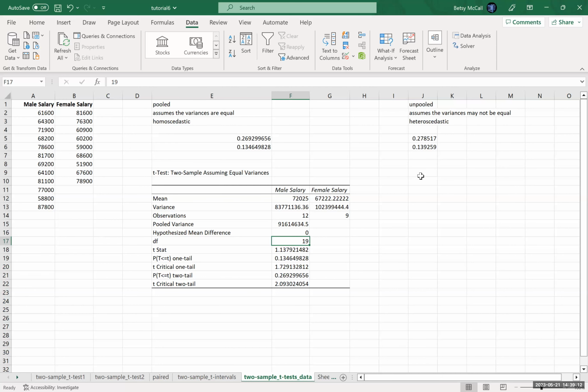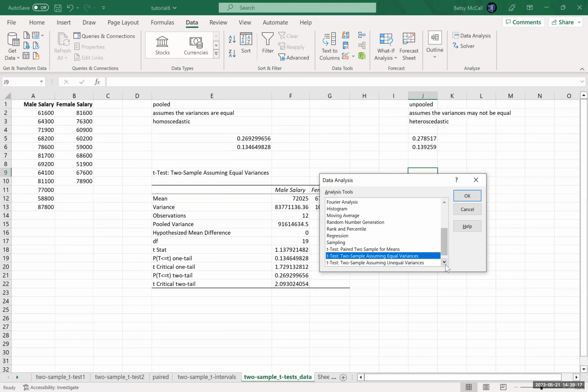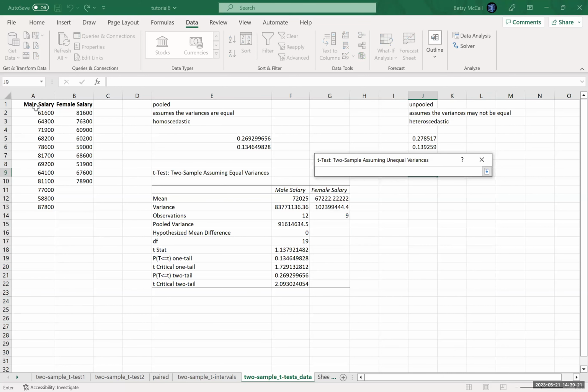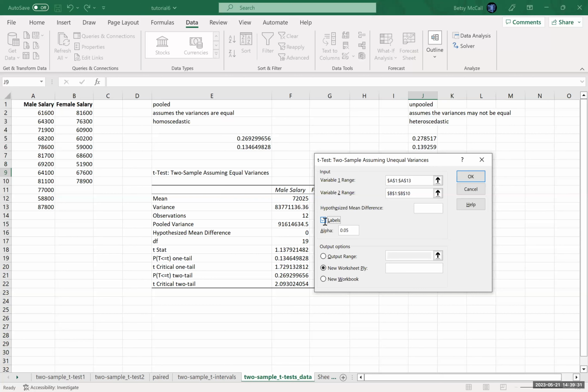And we can do the same thing for the unpooled case by choosing the unequal variances option. And again, males, females, labels, no mean difference, output range.